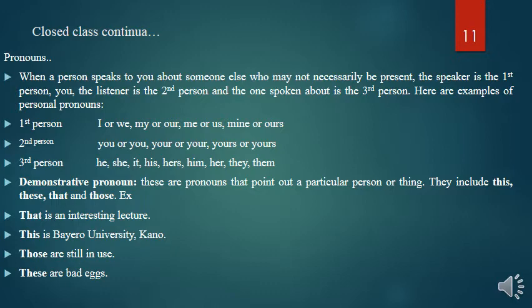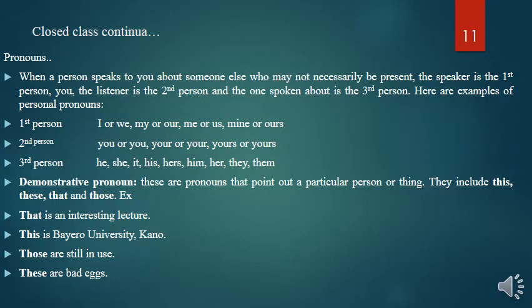Like the first person, we have I for singular and we for plural. My, singular, our, plural, and so on. The second person, here we have you, singular, and also you, plural, because I can say you, stand up, for one person, and also I can say you stand up when I'm talking to a group of people.